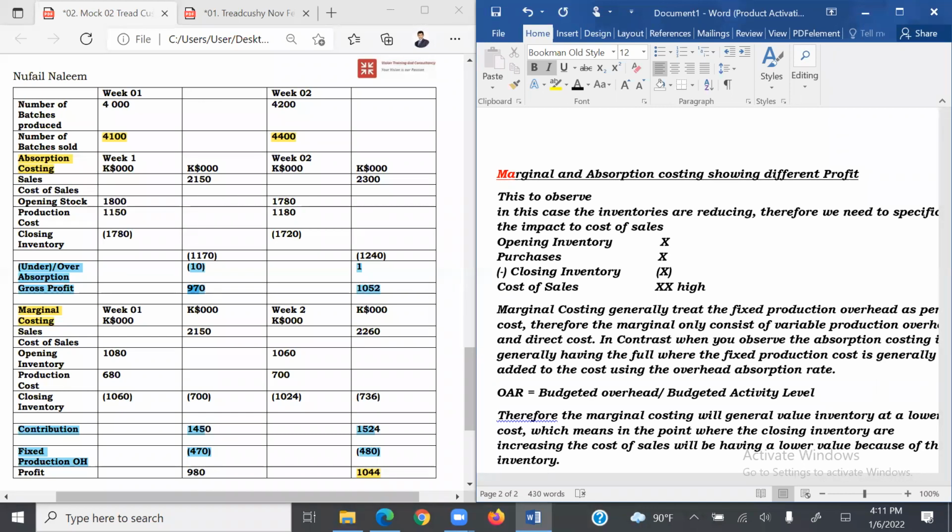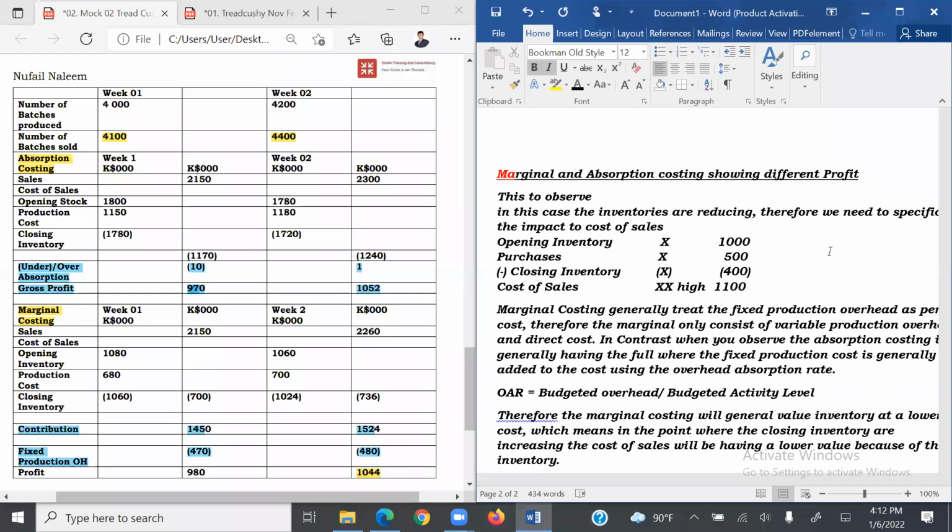No, students, because example, let's assume opening inventory is 1,000, purchases is 500, and closing inventory, let's make it as 400. So in this hypothetical example, 1,000, 500, 400.